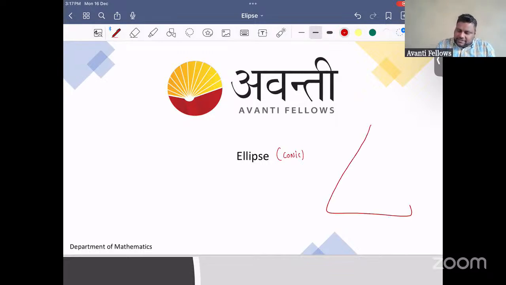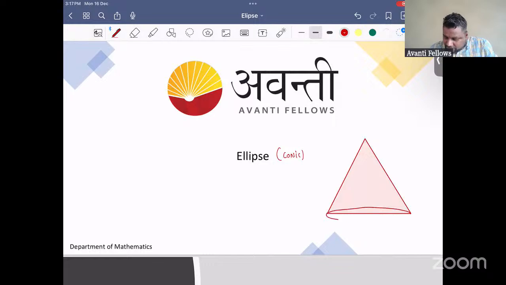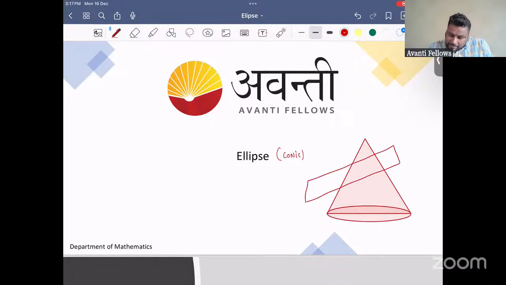So if say this is a cone, a right circular cone, if you cut this cone by a plane like this, as a cross section, what do you see? You will see this kind of structure.